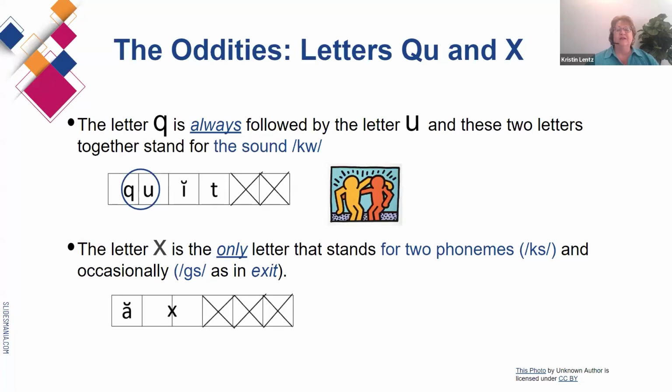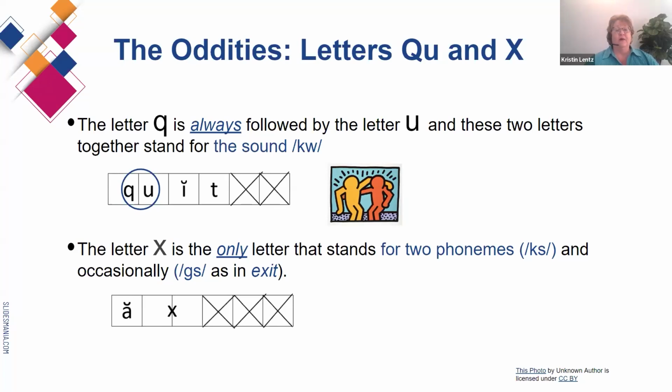Since they are 2 sounds, that's why these letters are in separate boxes, but they're not going to influence the vowel. So if that's what I'm getting into with my instruction, I may have the kids circle it.